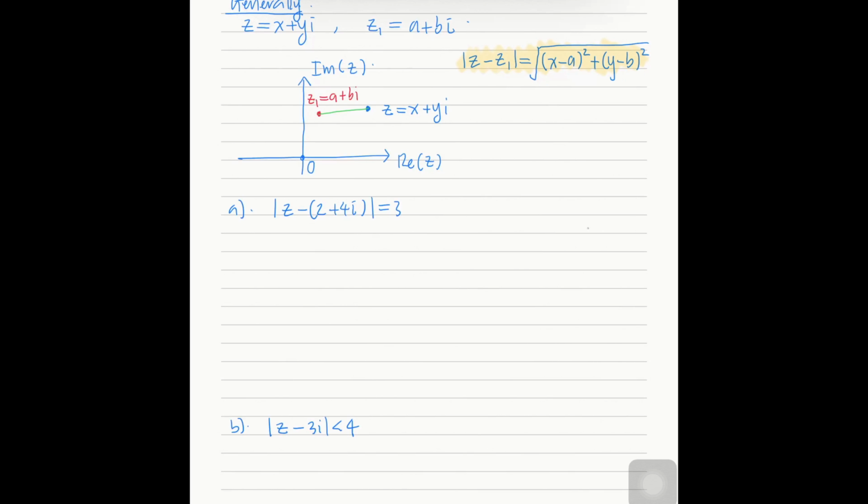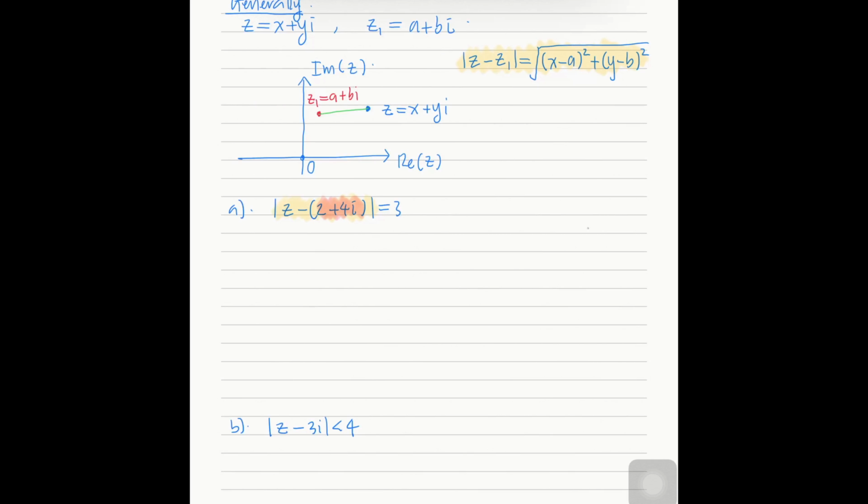Now let's see an example. In question A, we have the modulus of z minus the complex number 2 plus 4i equal to 3. So think about it. Generally we have complex number z, and particularly we have a complex number 2 plus 4i. Geometrically, the distance between complex number z and complex number 2 plus 4i must equal 3.